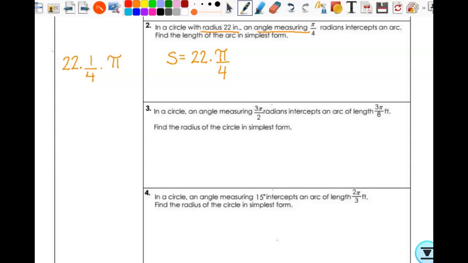So if I'm going to use the calculator, I am not pushing the pi button because it'll give me a decimal and it will not undo it because it's not a rational number. So if you're going to use the calculator to help you with this, you leave the pi out, but you can't forget to put it back. So in your calculator, I want you to do 22 times 1/4, ignore the pi.